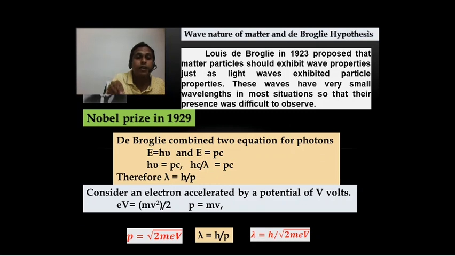The matter particle exhibits the wave nature just like light exhibits the particle nature. A simple example of a wave exhibiting particle nature is the photoelectric effect. The incident one is a wave, but what we get is a particle. So the wave exhibits the particle nature, just like the particle exhibits the wave nature.